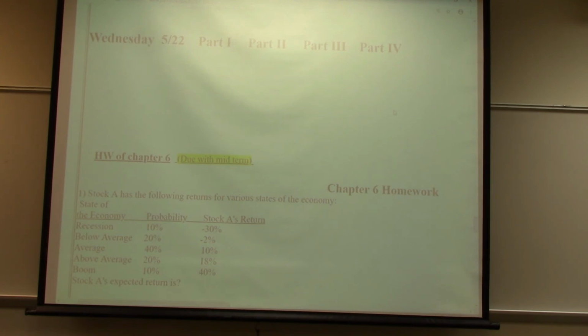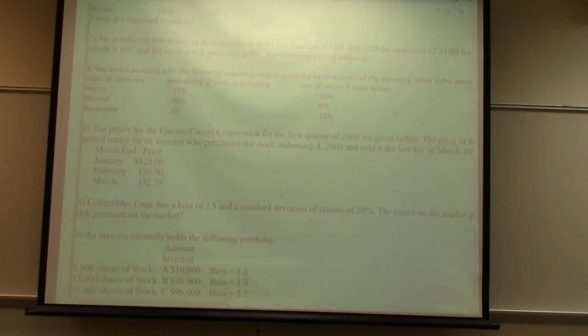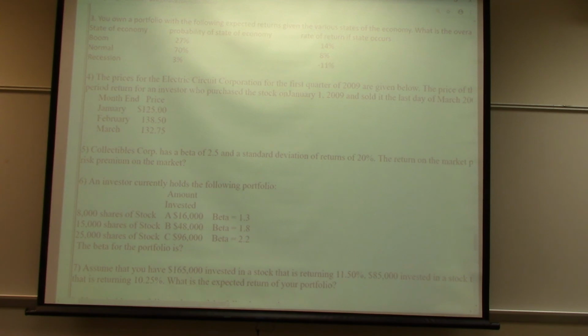You can just set up the groups among yourselves and work on it. I'll be here. I'll give you help and some instructions. I think you should be able to do all these. You may have some problems. When you do the holding period return, always consider which price is the purchasing price, which price is the selling price.